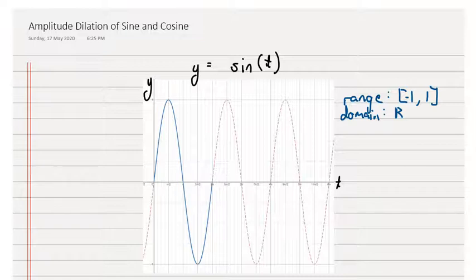Now consider that if we wanted to have a function similar to this, but what if we wanted to have it such that the range was either increased or decreased? So in this particular graph, we've got a maximum value of +1, and a minimum value of -1 as seen here.